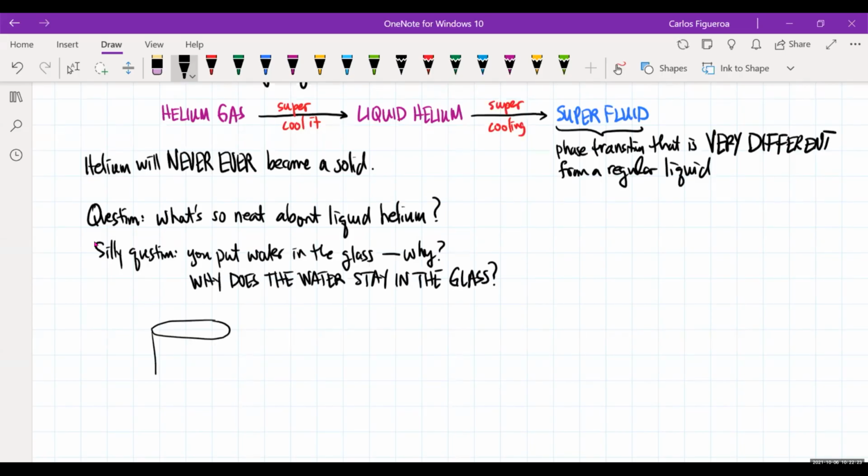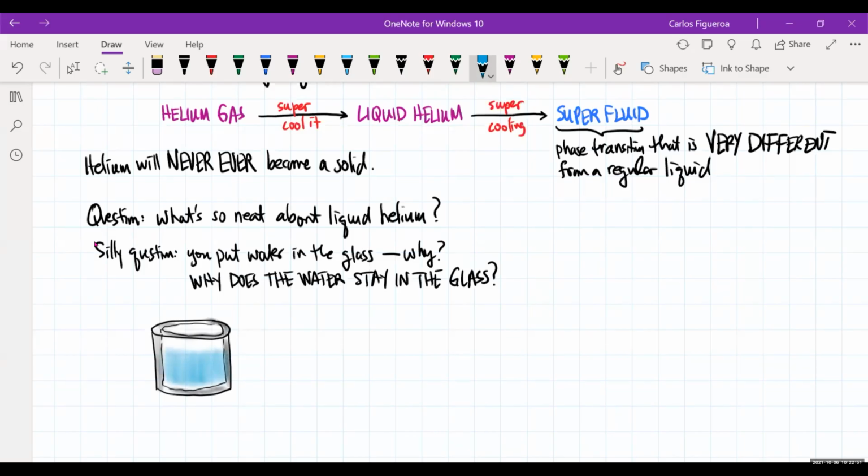I have a glass. And what I'm going to imagine here, of course, I don't have to imagine, we know that it's the case. There's thickness to the glass here, right? So the dark here represents the glass thickness, whereas in here is where it contains the water.